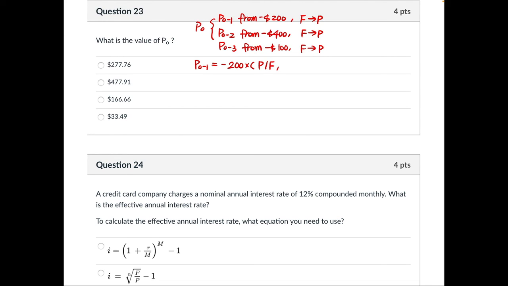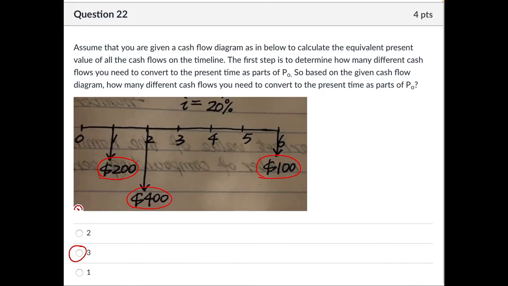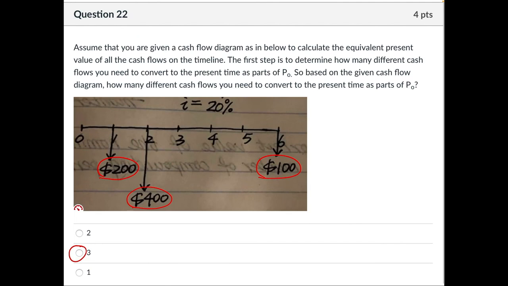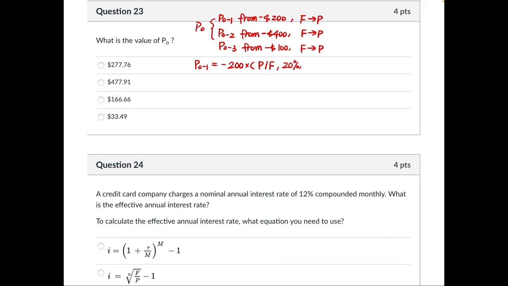Interest rate is 20%. Because it's only 1 year from the present time, it's converted one time, so n equals 1, and this is 166.66.